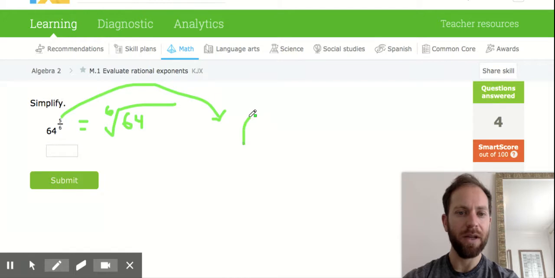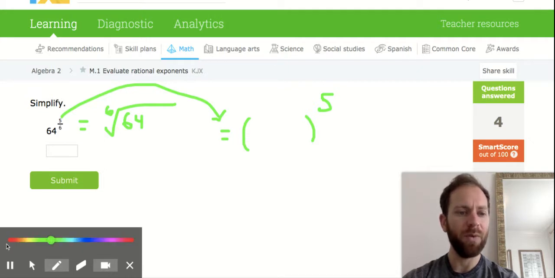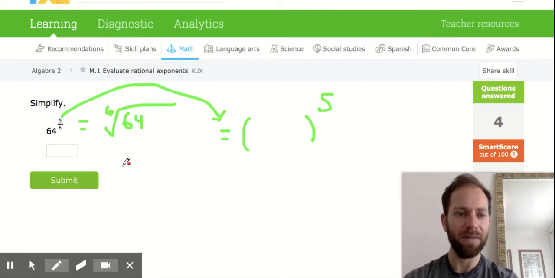So whatever we get, when that comes out of here, we're going to put that to the 5th power, and then that'll be our answer. So let's first find the 6th root of 64. Well, remember, when we do exponents, it grows really fast. So it might be as small as 2. So I'm going to try that first.